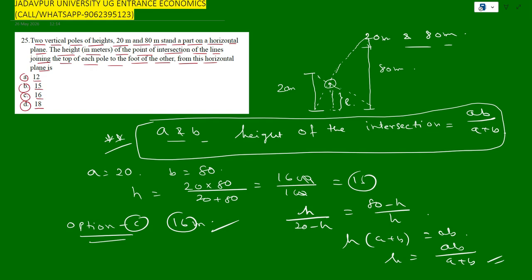Now notice something beautiful. The answer 16 is less than the smaller pole 20. So this always happens. The intersection height is always less than the smaller height. Very, very important examination intuition I'm giving you. This is like two friends, one tall and one short, trying to cross laser pointers, and the crossing point always comes closer to the ground than expected.